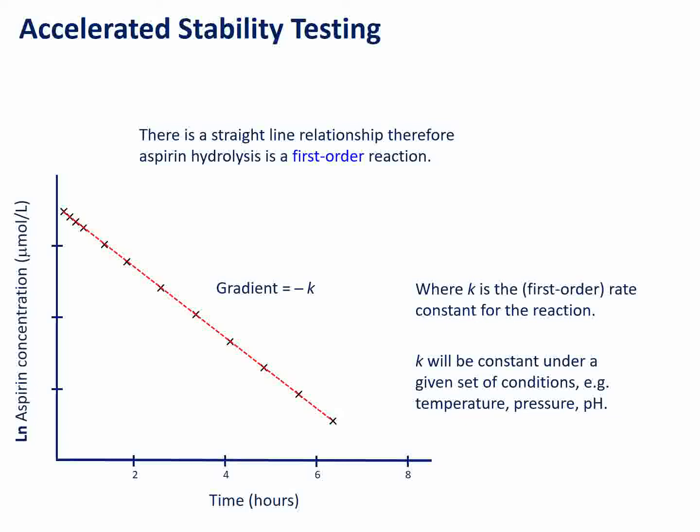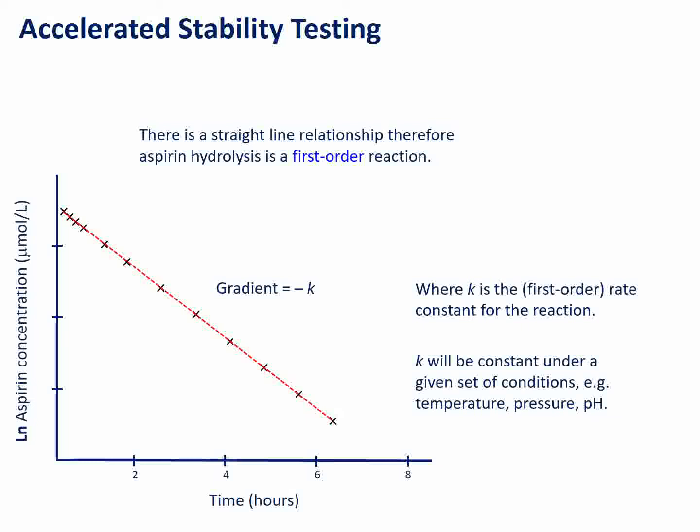Then you look at the difference in the y coordinates of those 2 points, and you divide that by the difference in the x coordinates of those same 2 points, and that answer will be the gradient. Here the gradient will be equal to negative k. So k is the first order rate constant for the reaction.